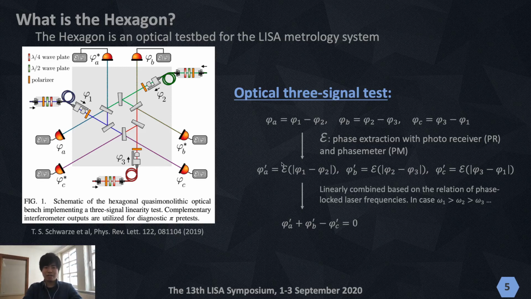And the measurand can be expressed like this with the operator epsilon, which stands for the phase extraction with a metrology system. And by making a linear combination of the phi A, B, C measurands, we can test the linearity of the metrology system over high dynamic range.